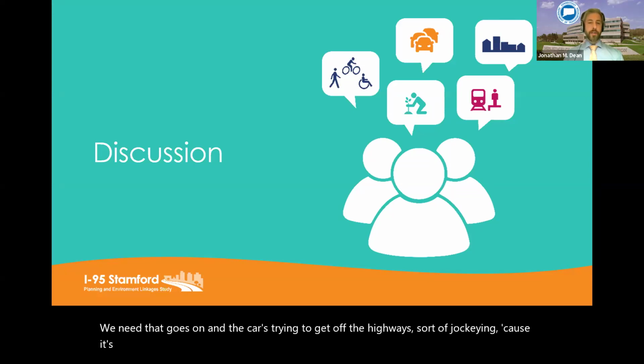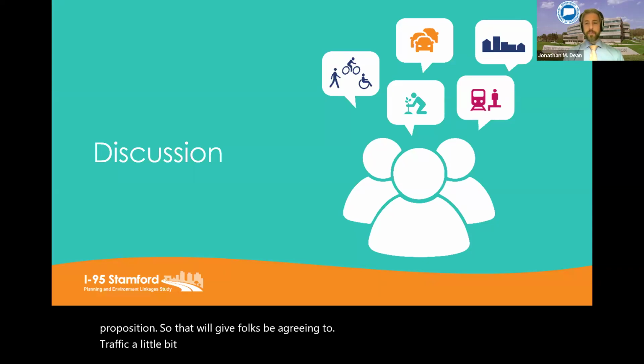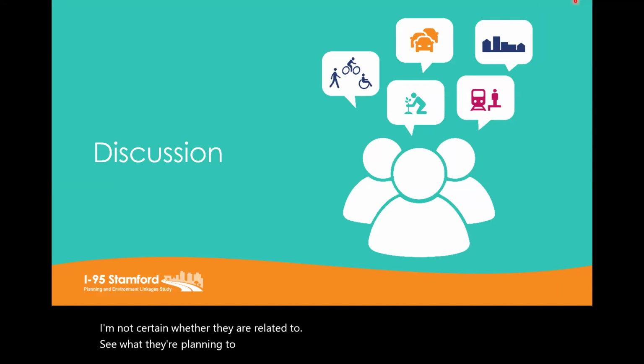That will give folks more room to get on and off the highway there and free up traffic a little bit. I'm not certain whether they have a planting plan under that project, but we can look into that and see what they're planning to do.